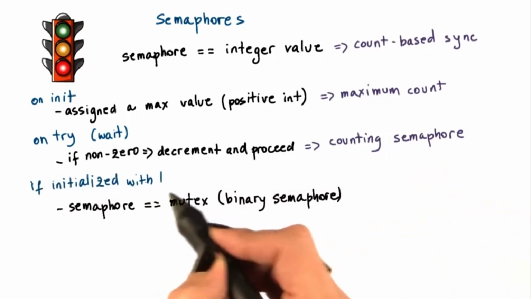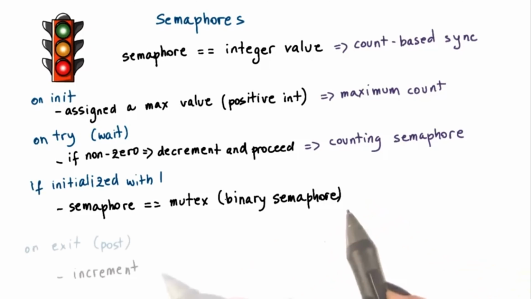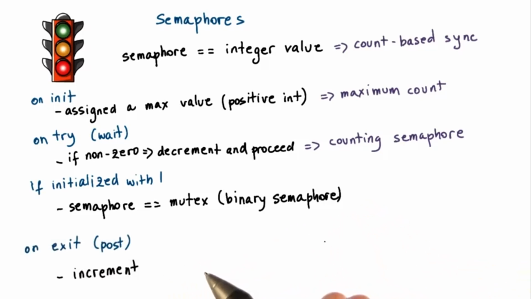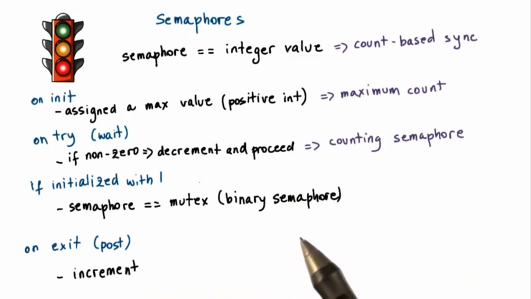If a semaphore is initialized with 1, then its behavior will be equivalent to a mutex. It will be a binary semaphore. All threads that are leaving the critical section will post to the semaphore, or signal the semaphore. What that will do is increment the semaphore's counter. For a binary semaphore, this is equivalent to unlocking a mutex.